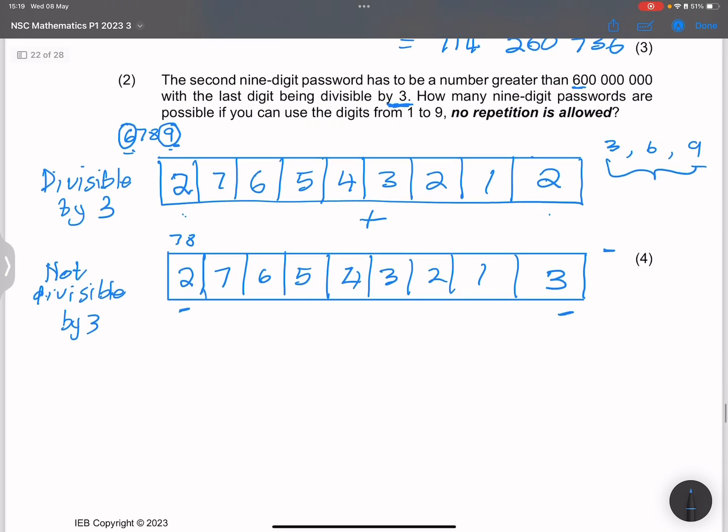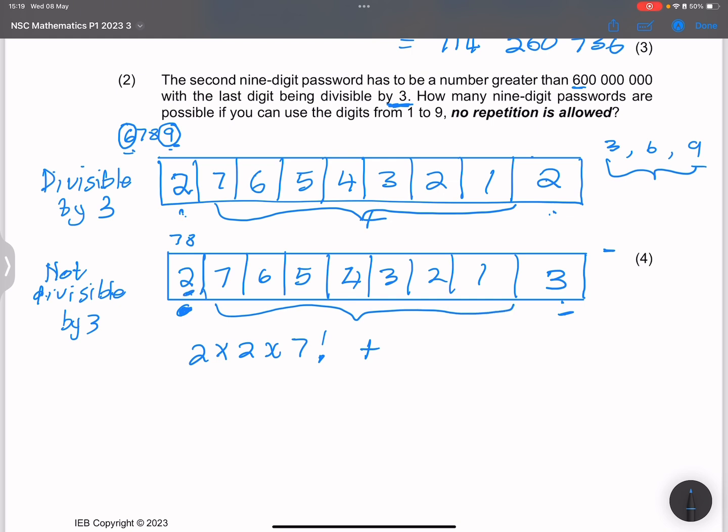And now let's look at that. So that would be 7 factorial, okay? And I'd say 2 times 2. So for the first one, that would be 2 times 2 multiplied by 7 factorial, plus, in this case, the next one, that would be 7 factorial again. So this is 2 times 3, so this would be 2 times 3 multiplied by 7 factorial.